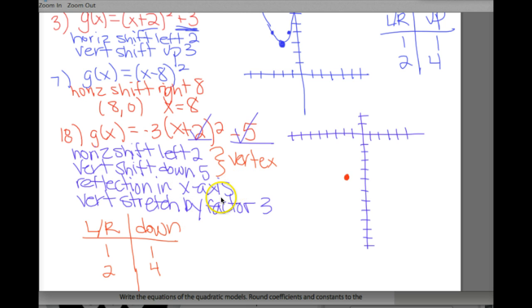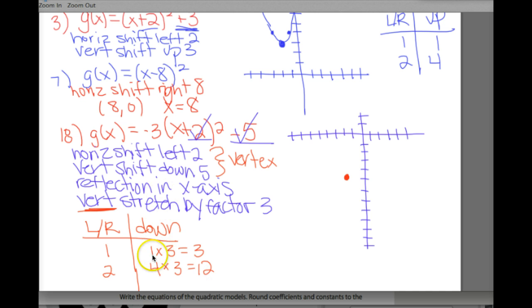Now I'm ready for my vertical stretch by a factor of 3. Remember, the type tells you whether it's the left side or the down side that is changing. Vertical is up and down, so we're going to be multiplying on this column by a factor of 3. So 1 times 3 equals 3, 4 times 3 equals 12.